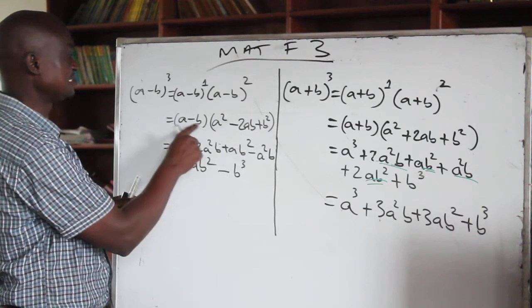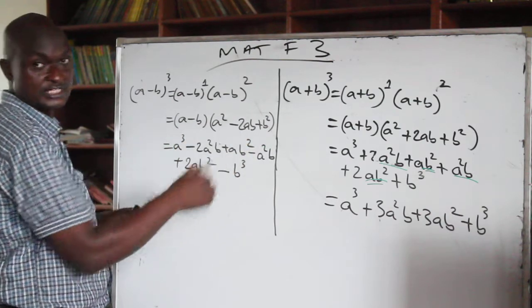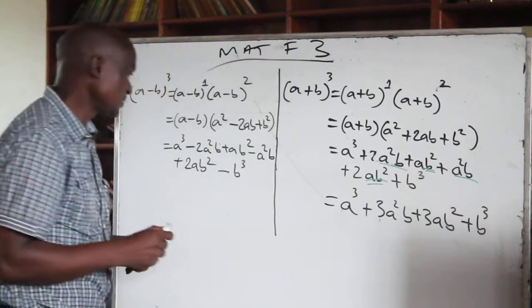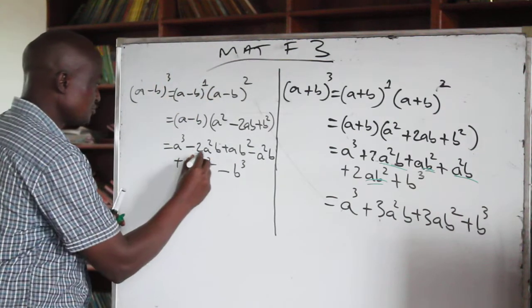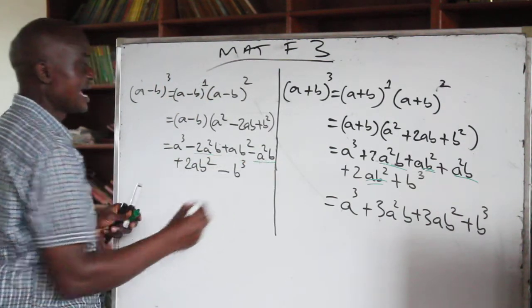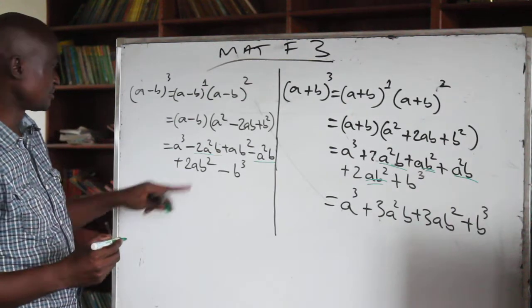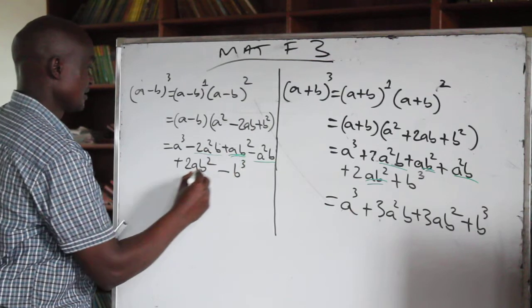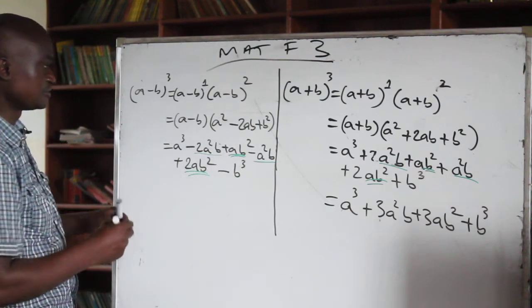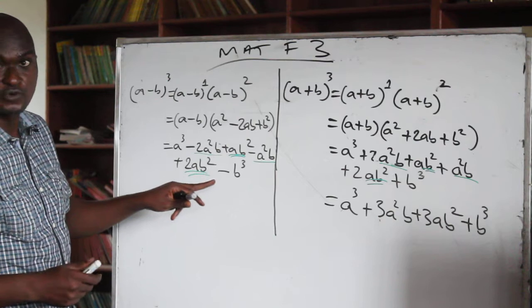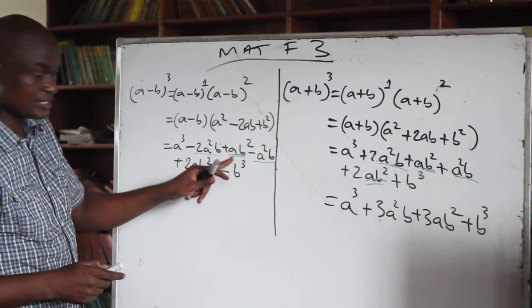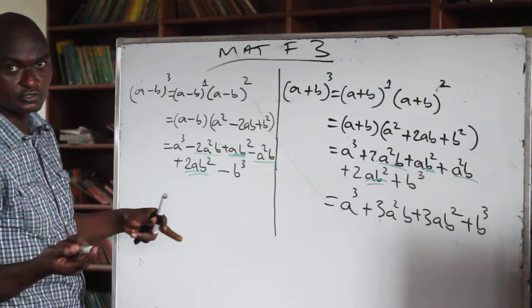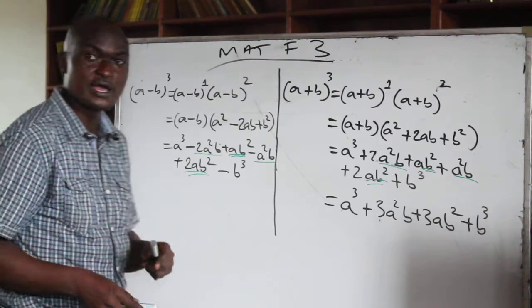This by this is minus ba squared or a squared b. So if you look at these expressions, this one and this one are like terms, because it is a squared b, while this one and this one are like terms, because it is ab squared. This should be 1ab squared, where 1 is the coefficient here. We don't always have to write it. And this is 2ab squared.